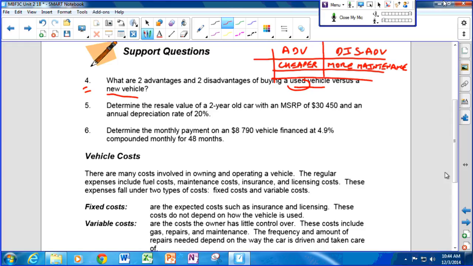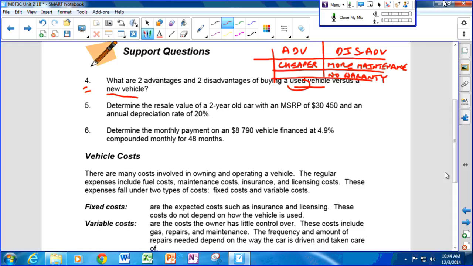What are some other disadvantages of buying a used vehicle? There's no warranty. Maybe there's no warranty. Maybe there is, but it's a shorter warranty, right? Maybe it's only 90 days. Maybe it doesn't cover big items, right? It's hard to say, right?